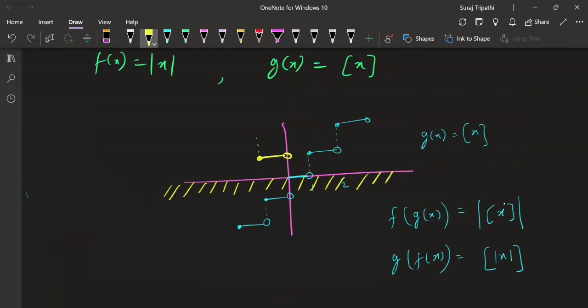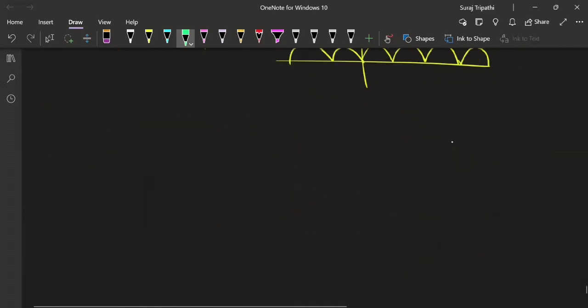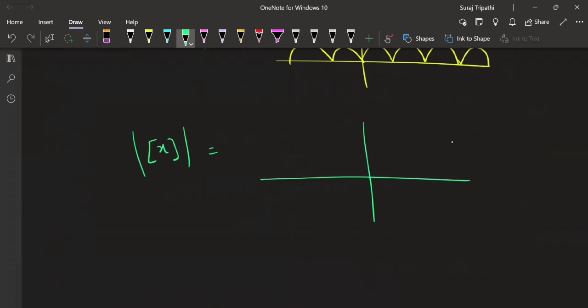Again you will get this curve here, like this one. So actually this is the curve for the modulus of box x, and the graph of the modulus of this function will look like this.